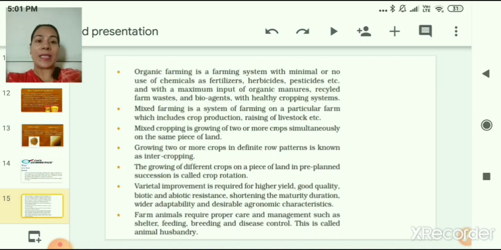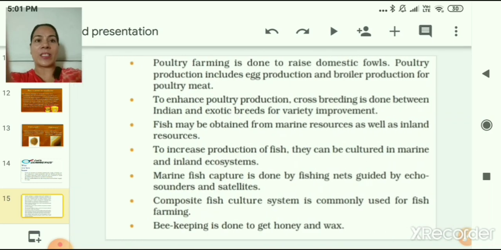Varietal improvement is required for higher yields, good quality, biotic and abiotic resistance, shortening the maturity duration, wider adaptability, and desirable agronomic characters. Farm animals require proper care and management such as shelter, feeding, breeding, and disease control, and this is called animal husbandry.